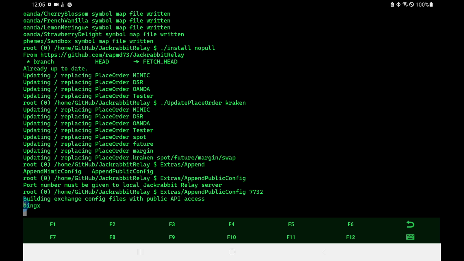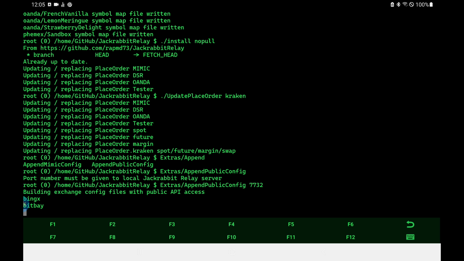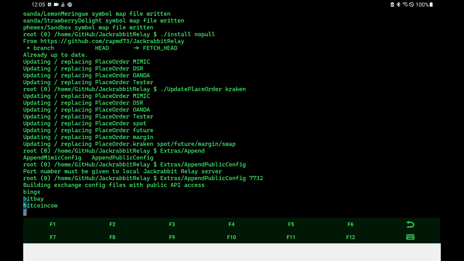So this system specifically checks what you are allowed to use from your jurisdiction. Now this list will be quite lengthy if this is the first time you have run it. And you can run it multiple times, like once a month, to see if there are any new listings that you can use.